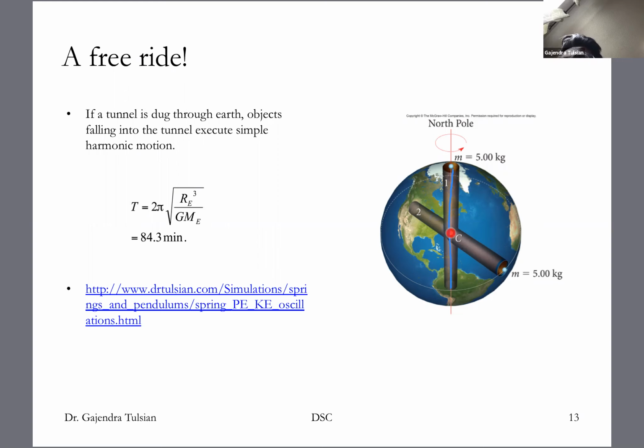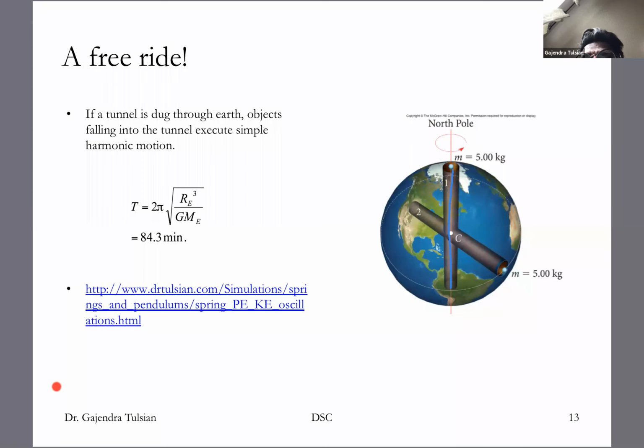The speed of the object at the center would be about 18,000 miles an hour, which is exactly the speed of the space shuttle going around the Earth. So the point is this simple harmonic motion is related to motion at constant speed in a circular orbit. That's the interesting part.